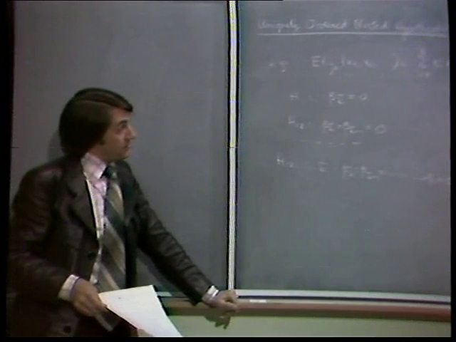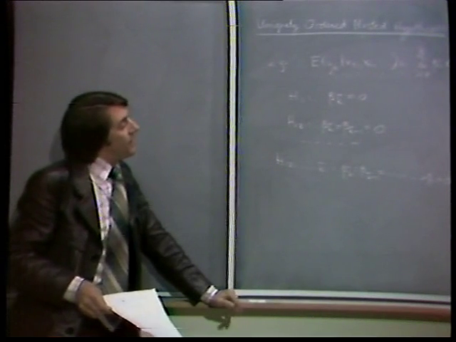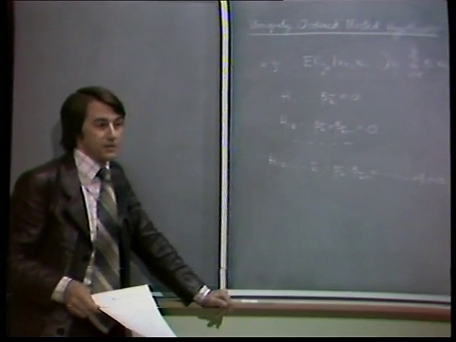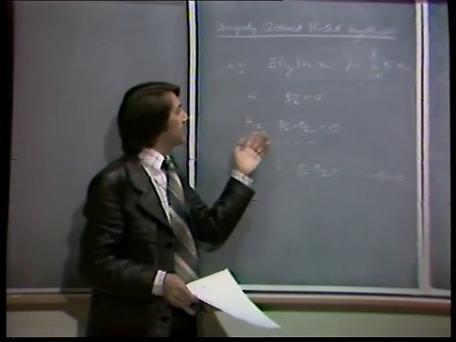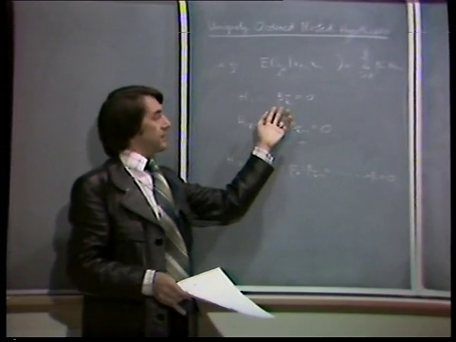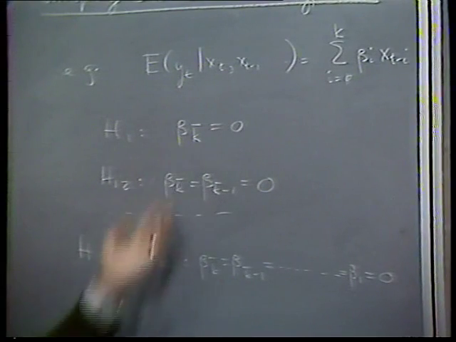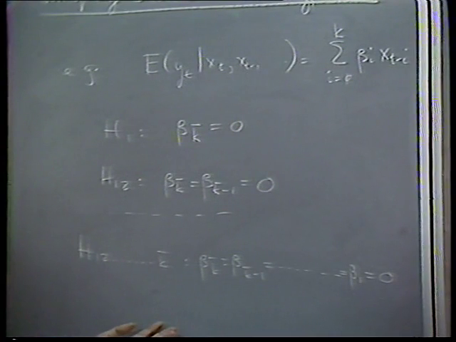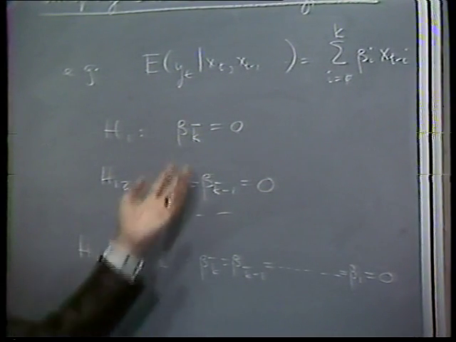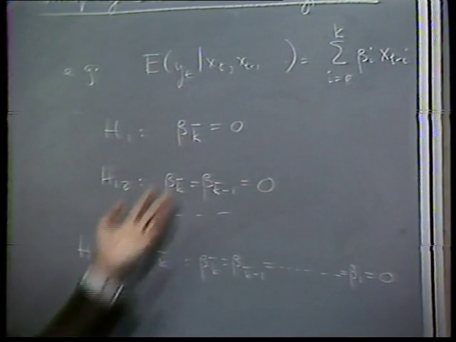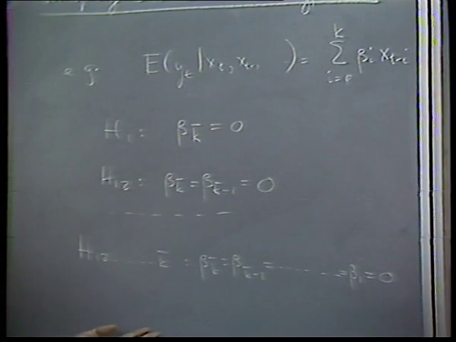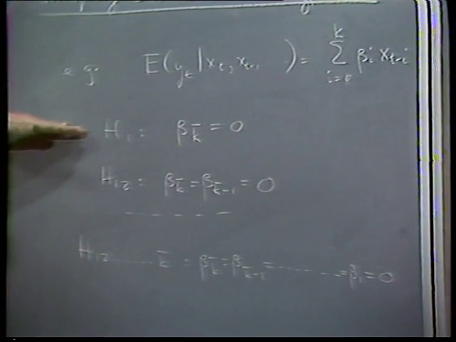That discussion was in terms of true and false, and in practice that's non-operational because we don't know what the true model is. We could alternatively say that if we reject H1, then we know we would reject all succeeding hypotheses, provided we'd chosen the appropriate significance levels for the test. And therefore, at that stage, we don't need to go on and test any further hypotheses once we've found H1 is rejected.